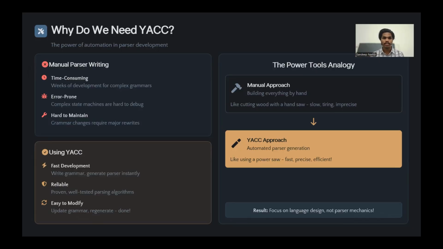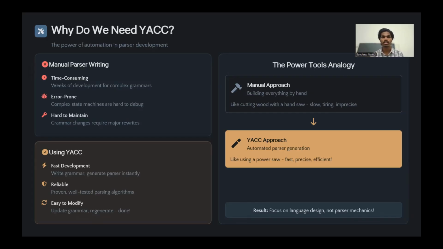Now, with YACC, development is fast. We write grammar rules and generate the parser instantly. It is reliable because it uses proven and well-tested parsing algorithms. And it is very easy to modify: you simply update the grammar and regenerate.